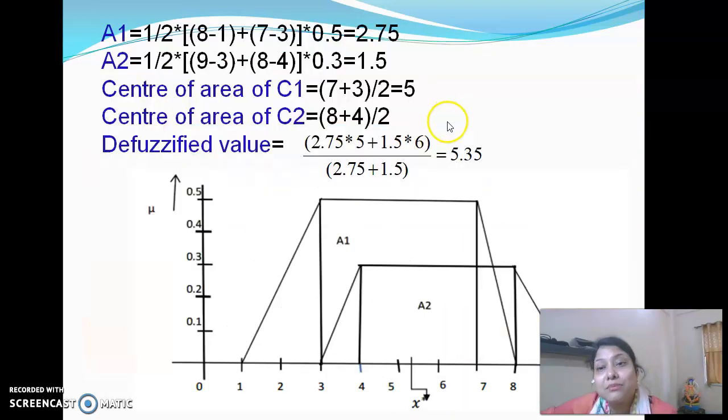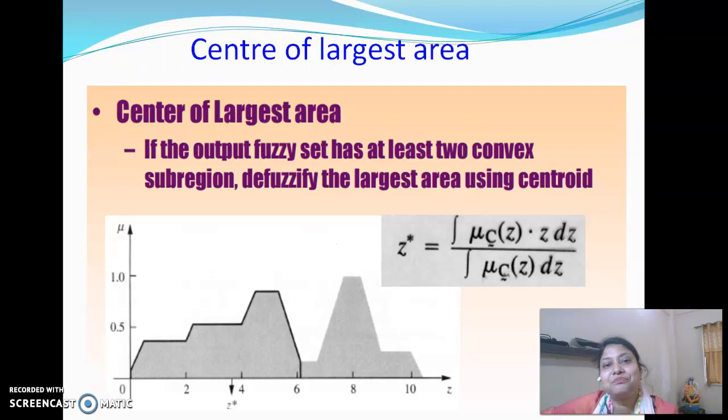And this is your center of sums. This is one defuzzification process which may seem quite tricky, quite complicated, but you may wonder how this defuzzification technique gives you faster defuzzification results.